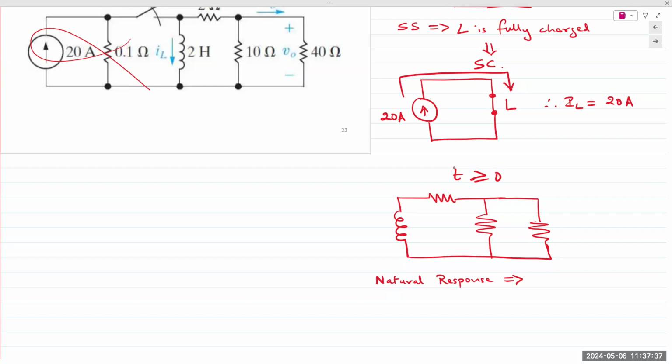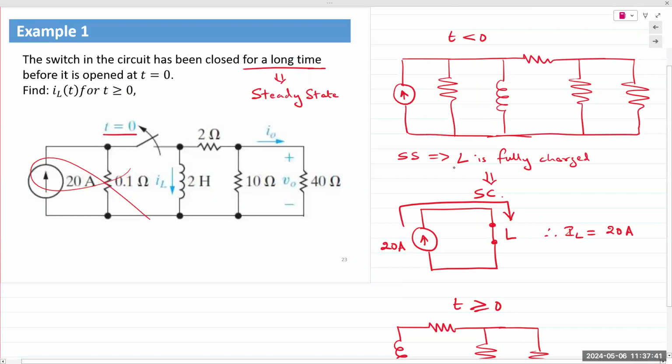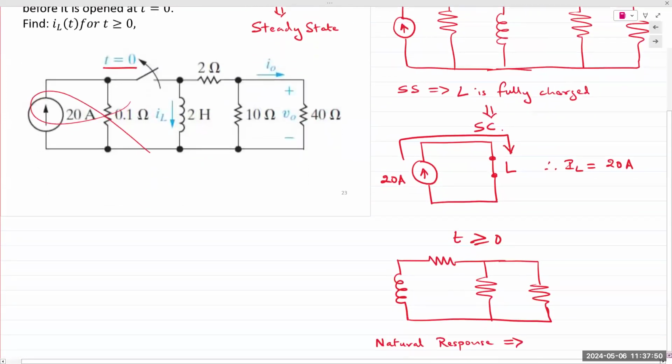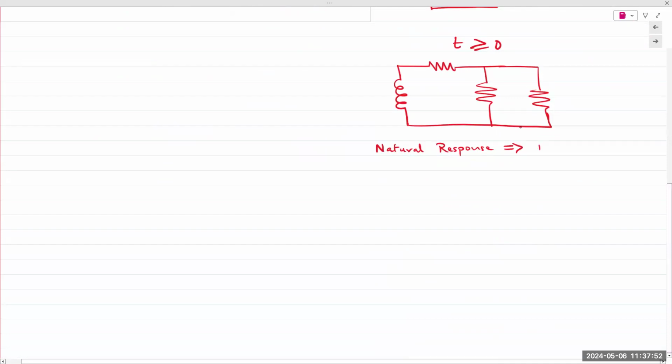So it doesn't really matter what the component is. If it's a natural response, the final value is always 0. So in this case, because it is natural response, IF is 0 amps. We have the end point value.